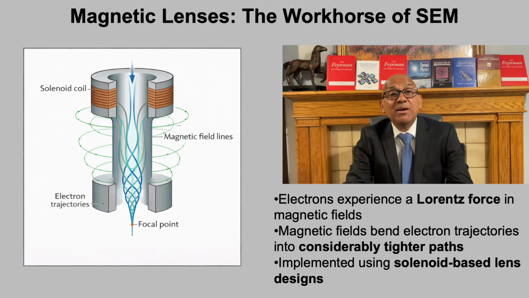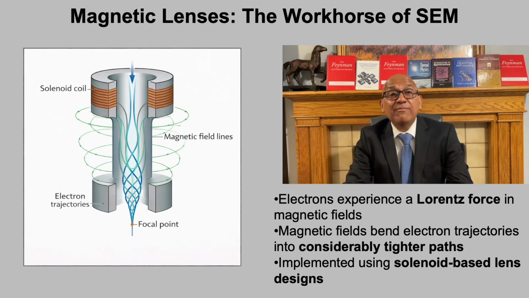In SEMs, magnetic lenses are formed by passing current through a solenoid wrapped around a soft iron pole piece. This geometry concentrates the magnetic field near a small aperture, forcing electrons to spiral and converge towards the optical axis. Because magnetic lenses act primarily on electron momentum rather than directly on electron energy, they exhibit much lower chromatic aberration than electrostatic lenses.